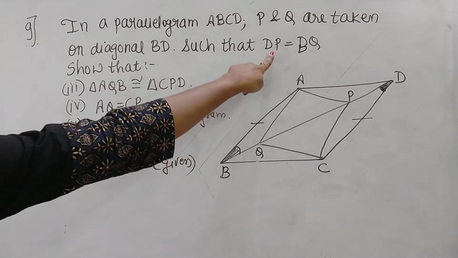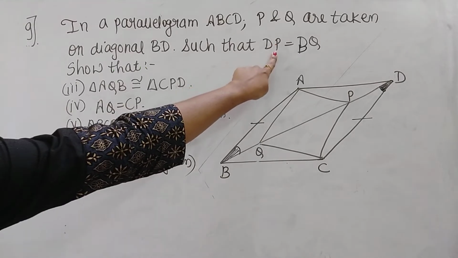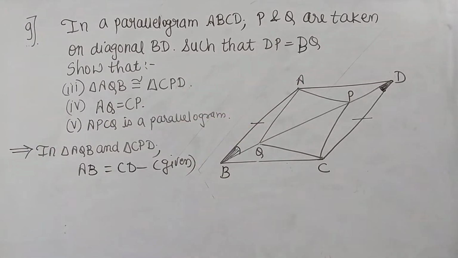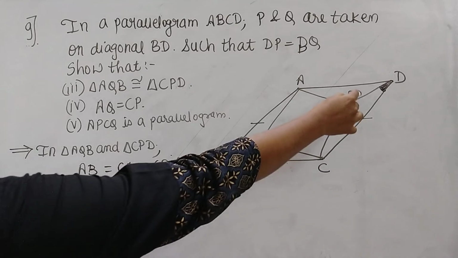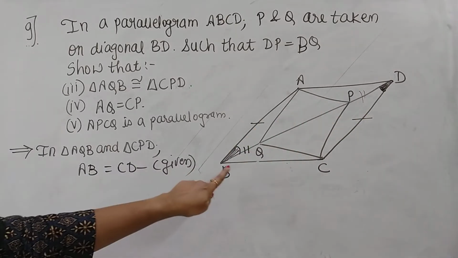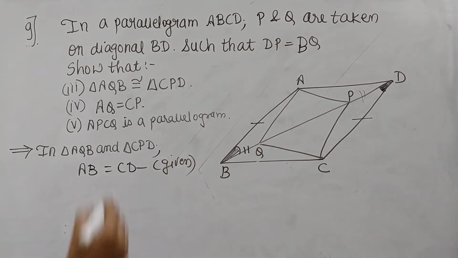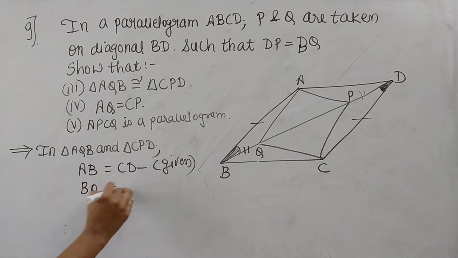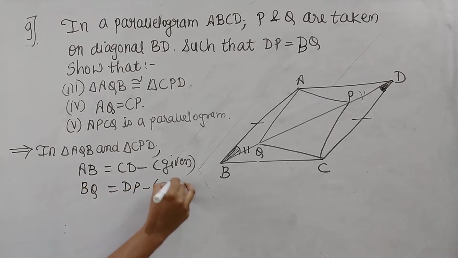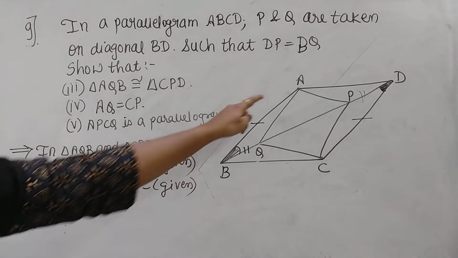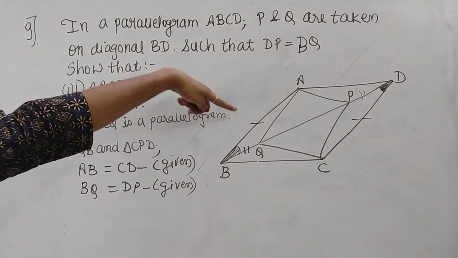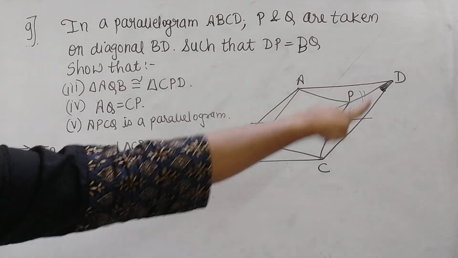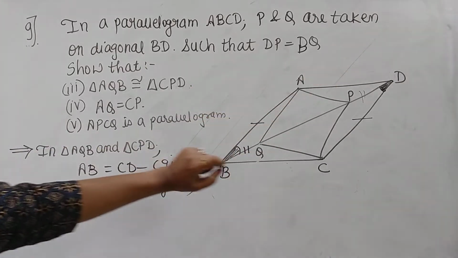Then second thing is already mentioned in the question, that is DP is equals to BQ. So I am having this BQ here, I am having this DP here. So therefore BQ is equals to DP. So therefore we will write BQ is equals to DP, that is already given. And as you know that ABCD is a parallelogram, so AB parallel CD and your BD is a transversal.